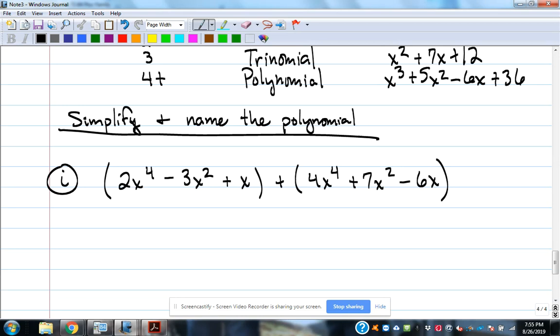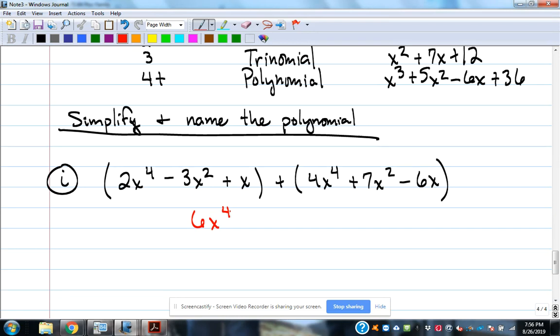No. What's the difference? The exponent. So to be like terms, you've got to have the same variable and the same exponent on that variable. So x to the 4th goes with x to the 4th. So 2x to the 4th plus 4x to the 4th would be 6x to the 4th. The exponents don't change when you add or subtract, only if you multiply.